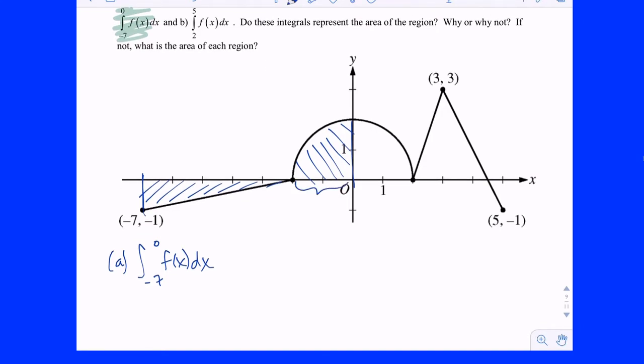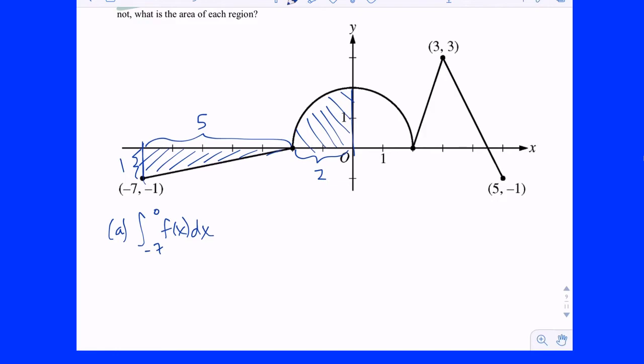So the radius of the circle, just to be careful, is what? 2. And then the width of this from 2 to 7 is 5, and the height is 1. So not a bad idea to label your dimensions there, and then again show them in your calculations, indicating your method.